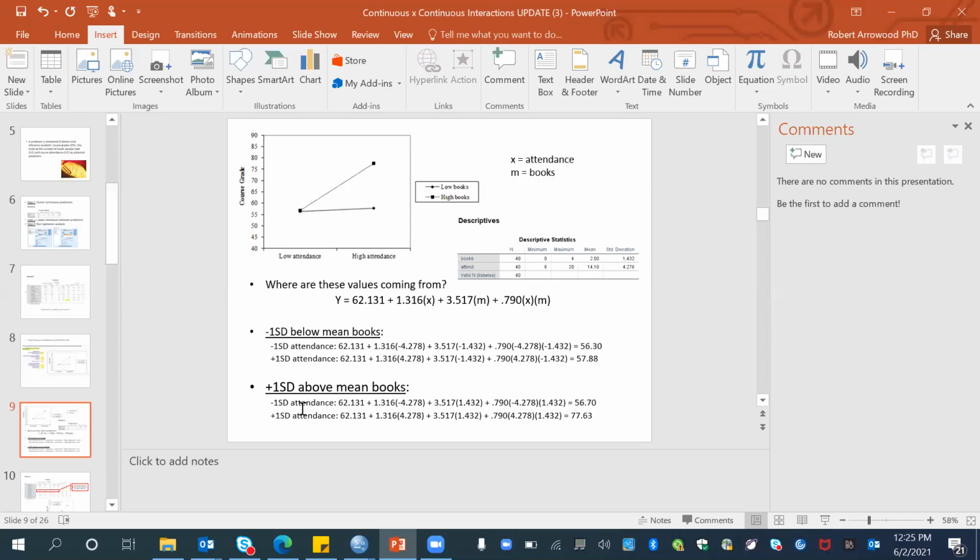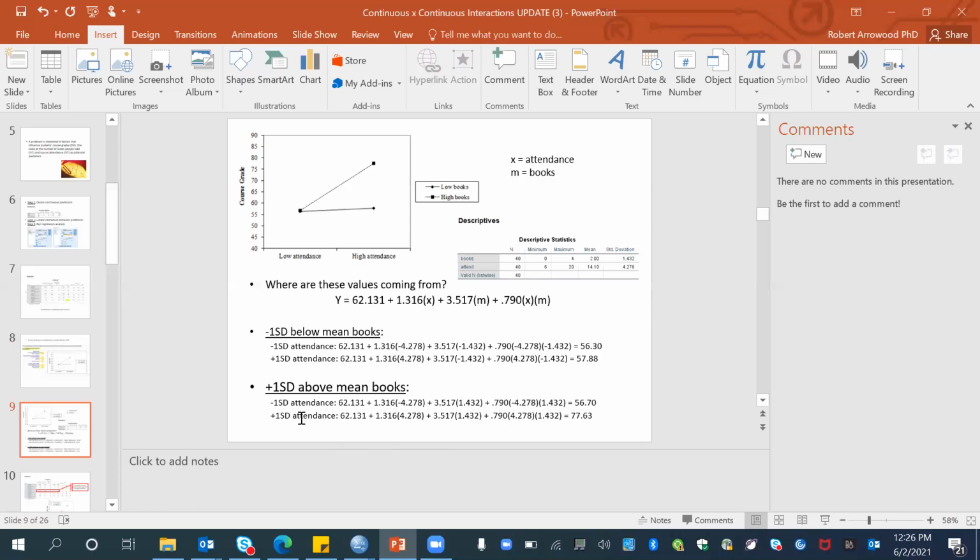And you can see down here, I've done the same thing for a plus standard deviation above books. You can see I've substituted a positive standard deviation in for all of those. And here it's just depending on whether we're looking at one standard deviation below in attendance and one standard deviation above in attendance, and that gives us our value. So we know that someone who read a lot of books but didn't attend a lot of classes would have scored on average a 56.7.